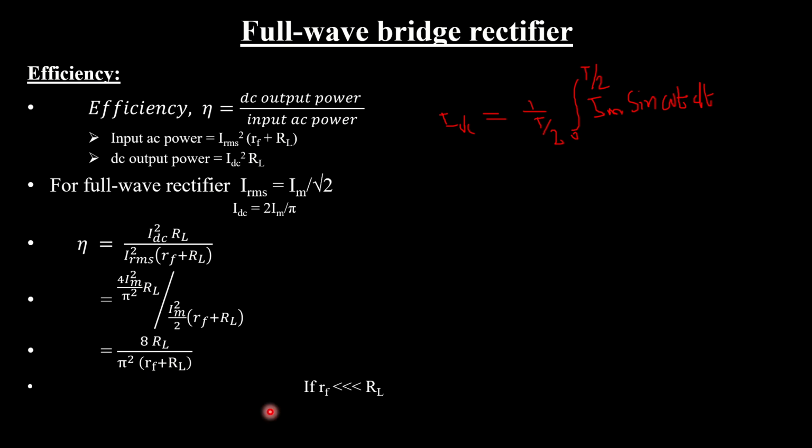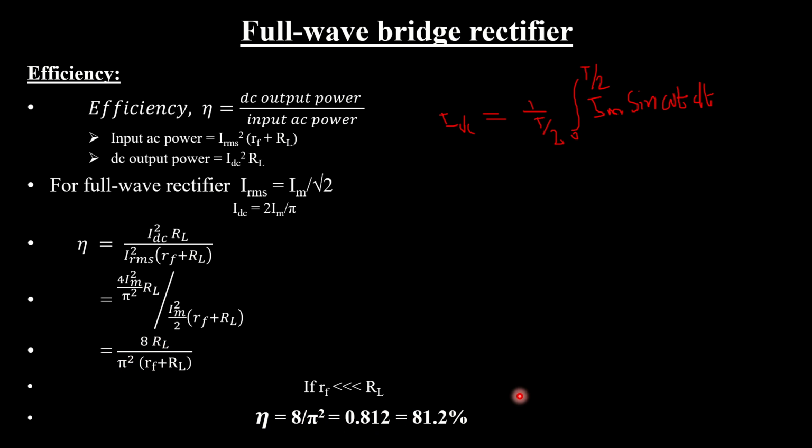If RF is very much less than RL, we can cancel this RF here, so RL cancels. What remains is efficiency equal to 8 by pi square. 8 by pi square is 0.812, that is 81.2%.